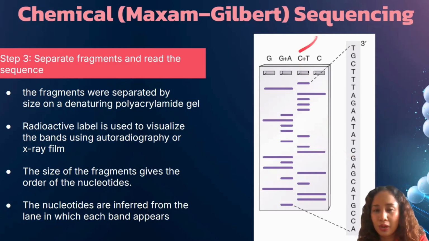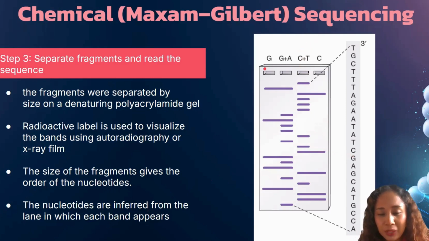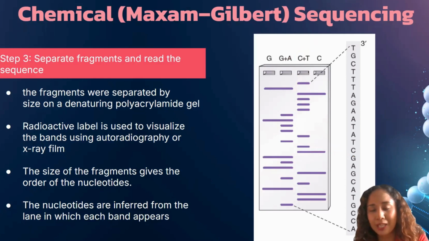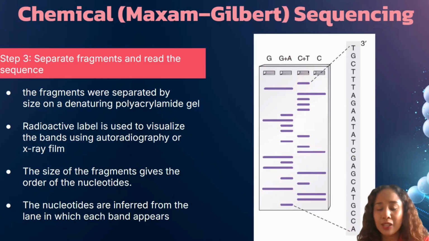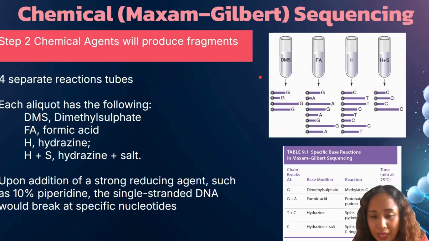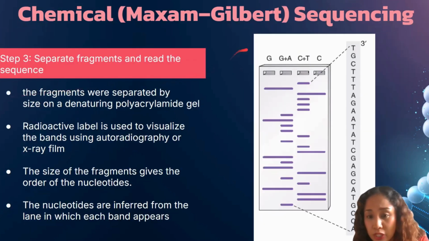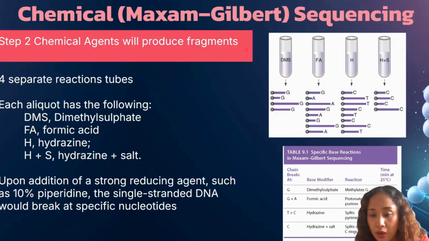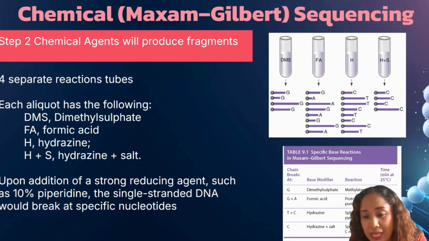After doing chemical reactions on our fragments, they will run them through electrophoresis. For G, it's dimethyl sulfate. For G and A, formic acid.